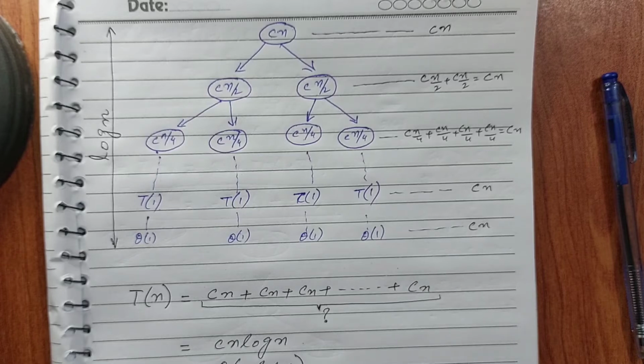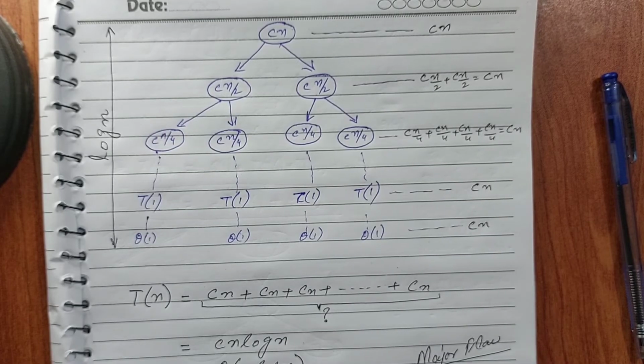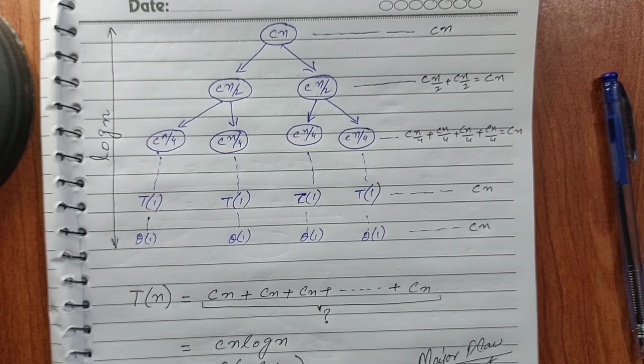But the major flaw is that it is not in place, so it needs extra space. And how much space is required? That is equivalent to your array, that is theta of n.